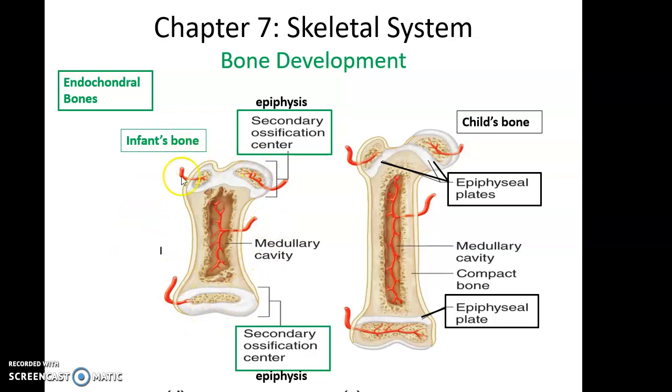And then this process continues in the infant. And then eventually in the very young child, we will get the structures associated with the long bone, and also the epiphyseal plates, which are the remnants of that original hyaline cartilage model. And the epiphyseal plates are important because that's where bones grow in length.